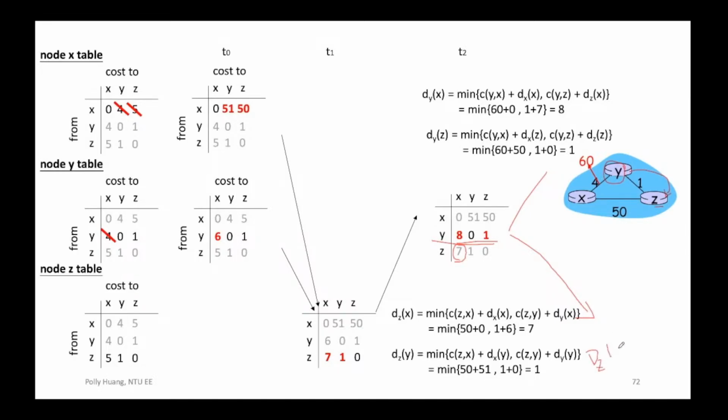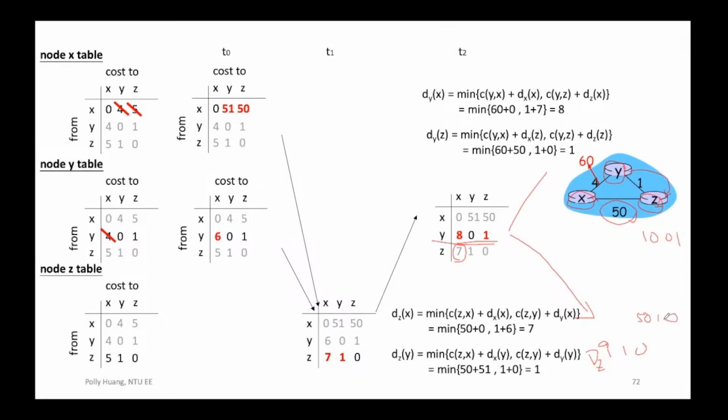The next is going to be 9, 1, 0. And back to y, 10, 0, 1. All the way until z finally discovers that 50 is the true cost to x. So until in dz, the value becomes 50, 1, 0.